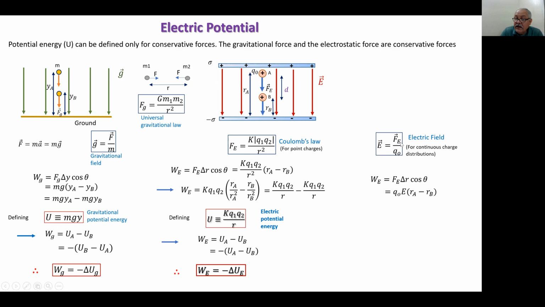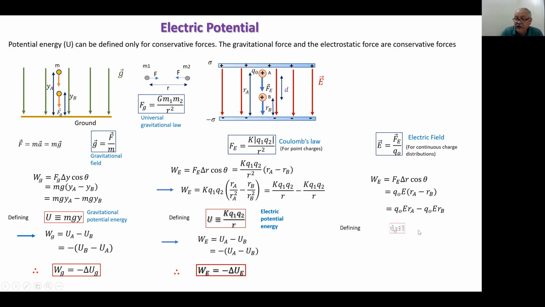Now let's use the electric field. So we solve for the electric force and plug it in here. We have that the work done by the electric field is equal to the test charge Q naught, the electric field times the distance, at point A minus that quantity at point B.